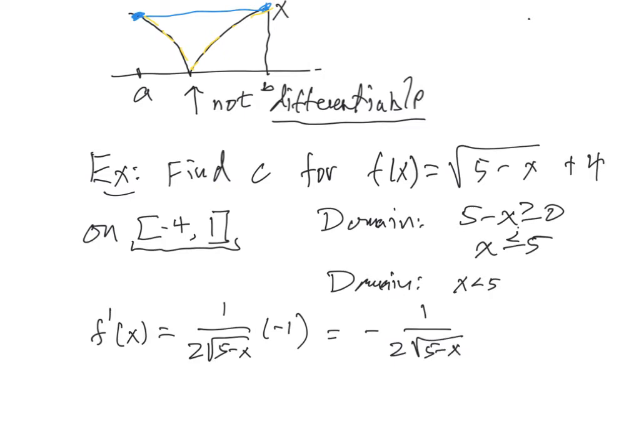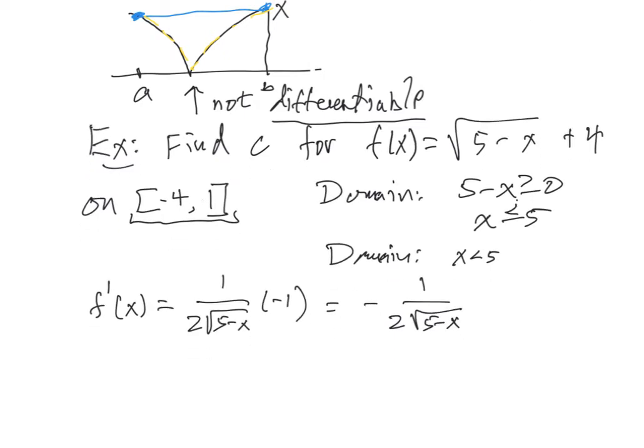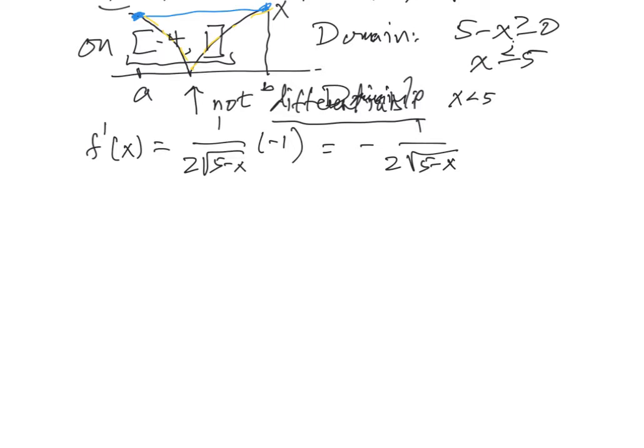And now the equation that we need to solve: we need to find the value of c such that when I plug it into the derivative, I get the function evaluated.